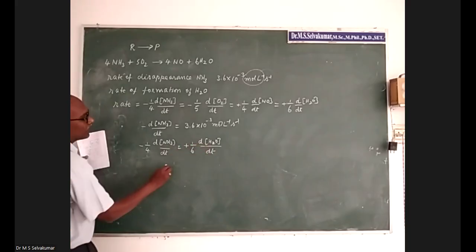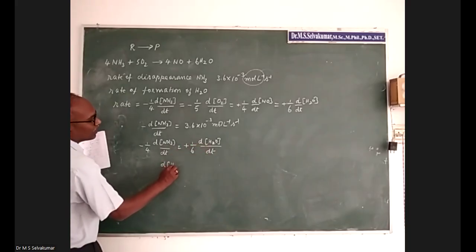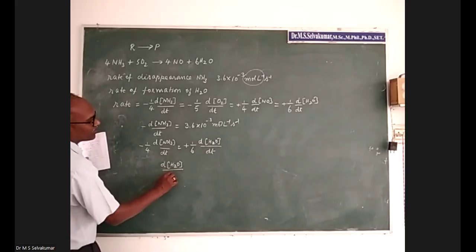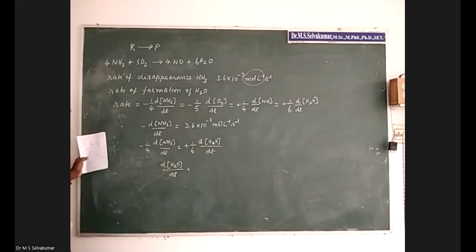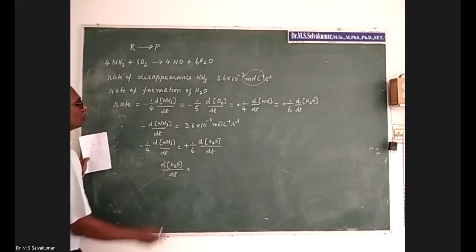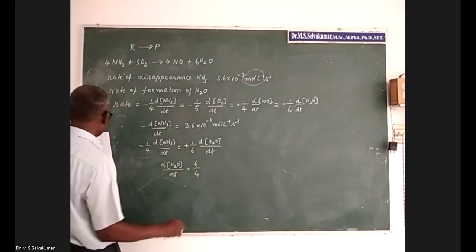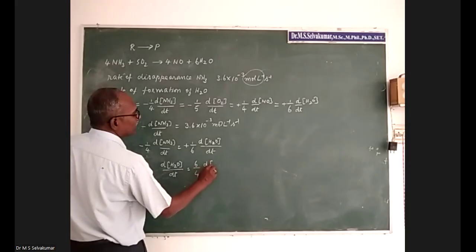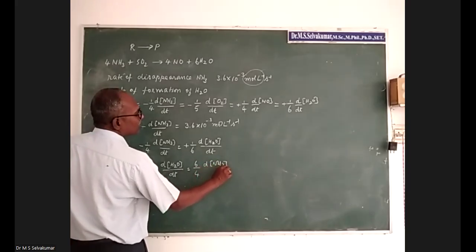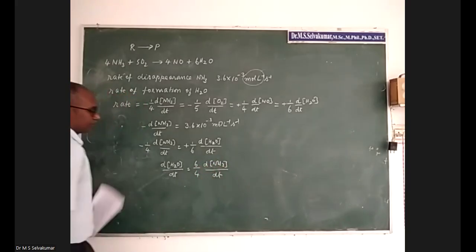Therefore, d water concentration by dt is equal to 6 by 4 d NH3 by dt.